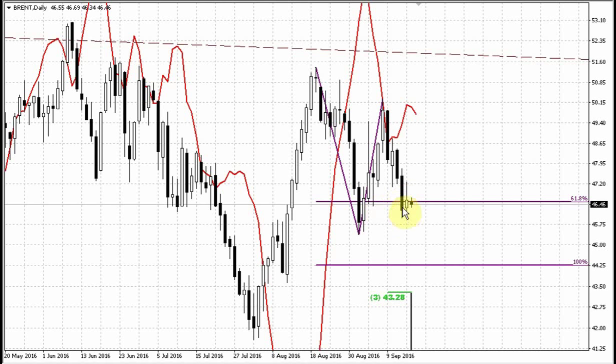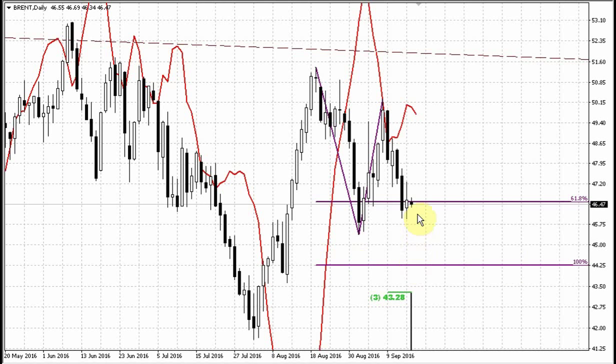At the same time, we've got two bearish grabbers. These two patterns stand side by side, and both of them suggest at least a take out of these lows. If the market takes out these lows, then we should probably complete this ABCD pattern, and its target is 44.25 on the crude oil chart.